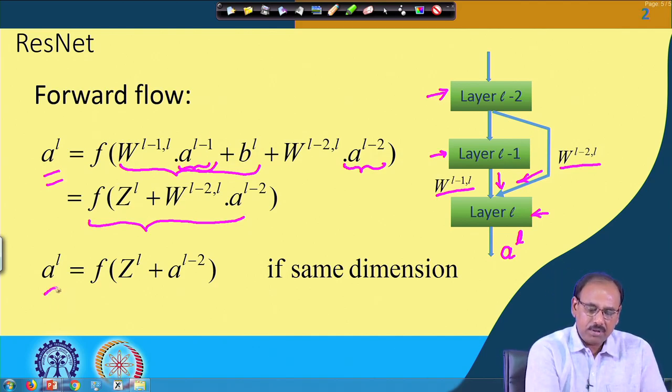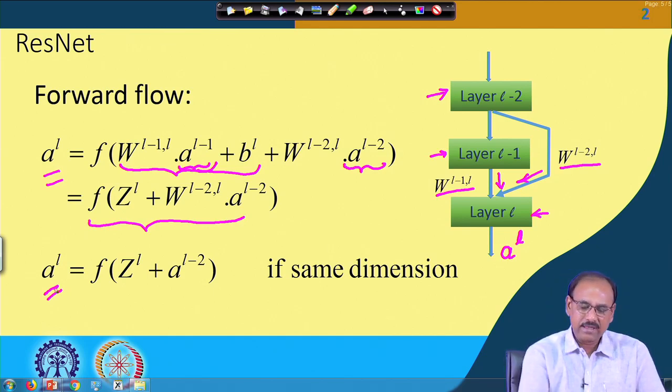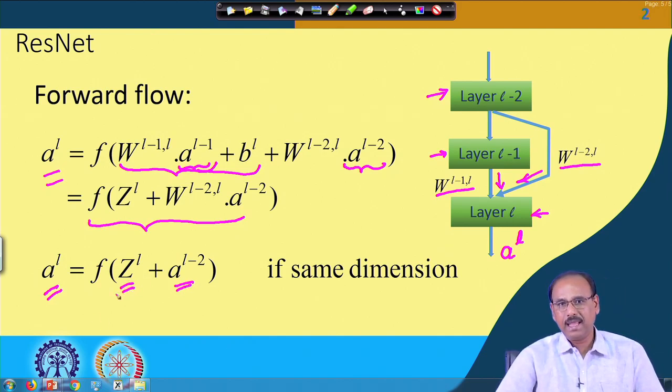So I can compute the activation at the output of layer L as a function of Z(L) plus A(L-2), in case A(L-2) and Z(L) are of the same dimension.